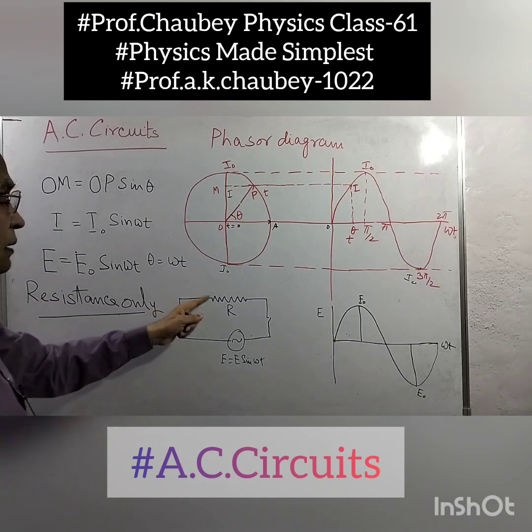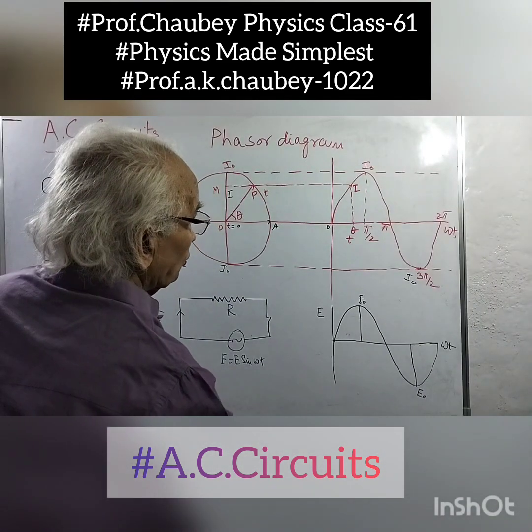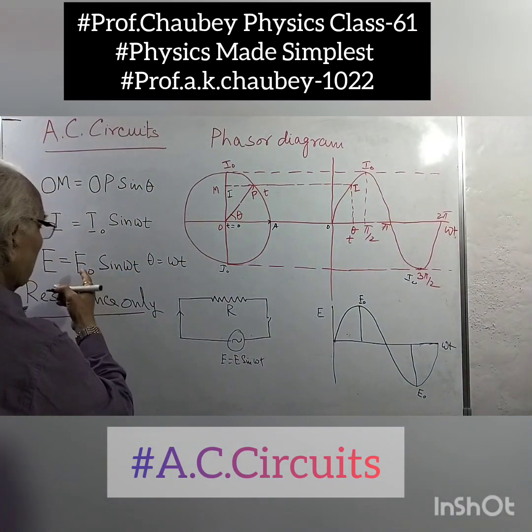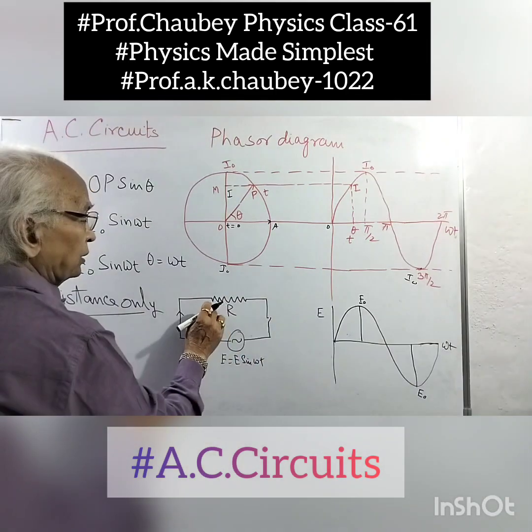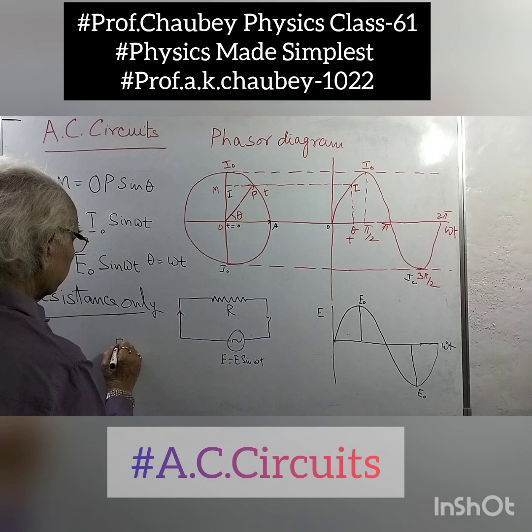We can see here, by Ohm's law, that the current is I equal to E over R, where E is the potential drop.